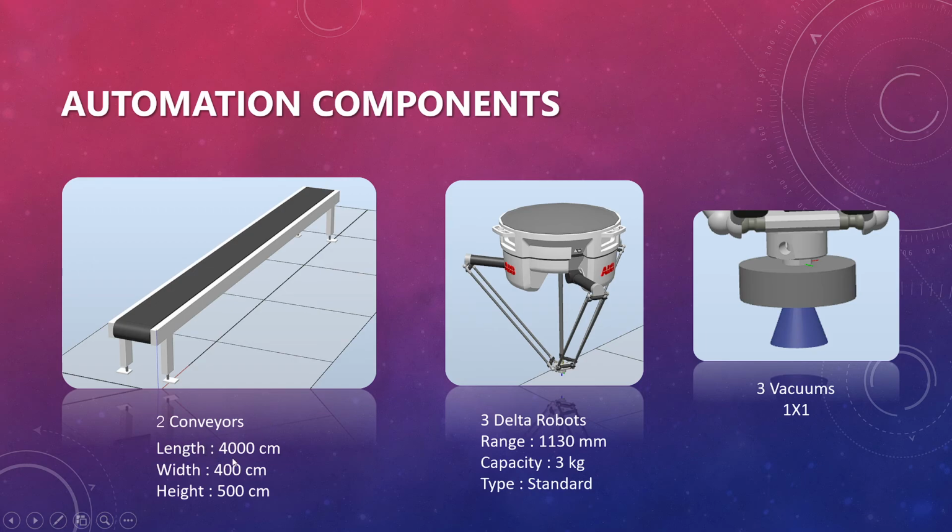I fix the length at 4000 centimeters, width 400 centimeters and height 500 centimeters, and I use 3 delta robots with reach 1130 millimeters, capacity 3 kilograms, and standard type, and use 3 webcams.